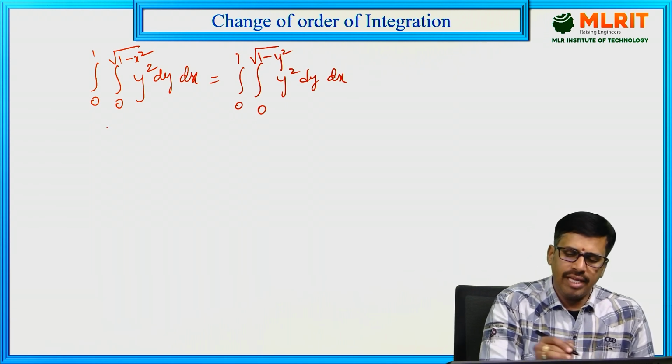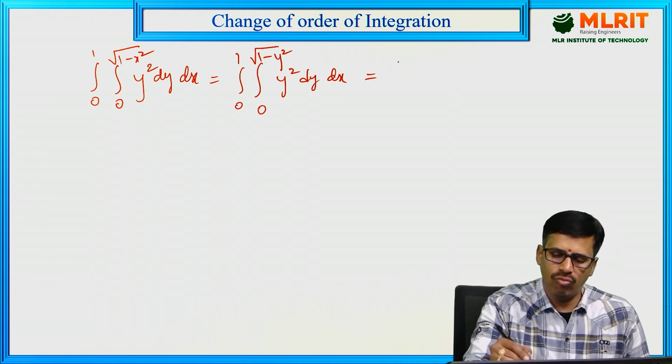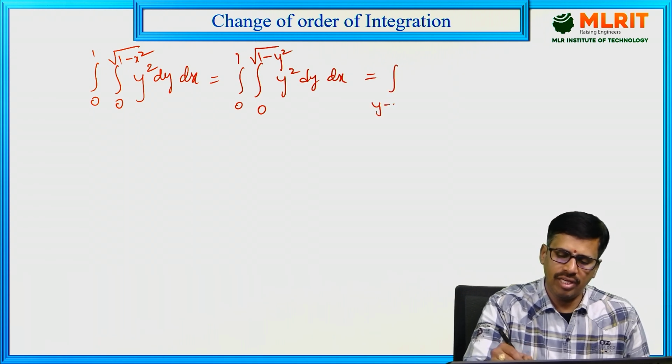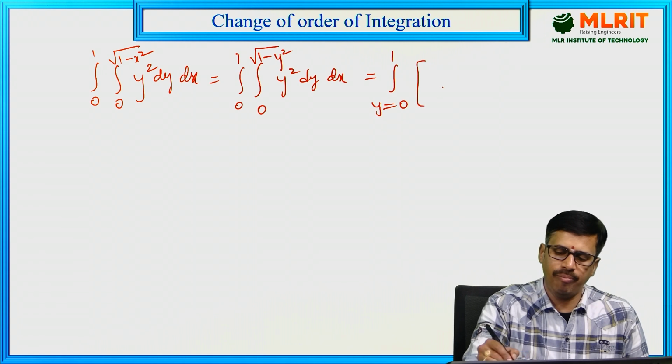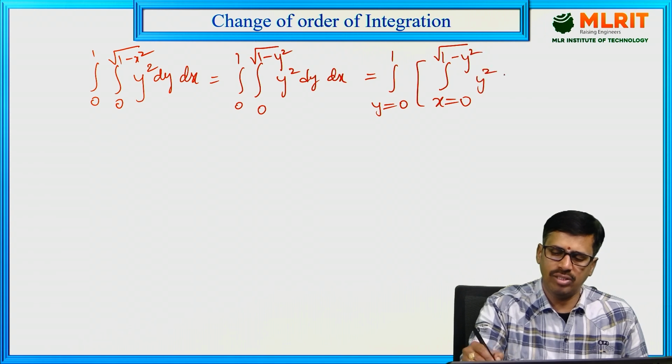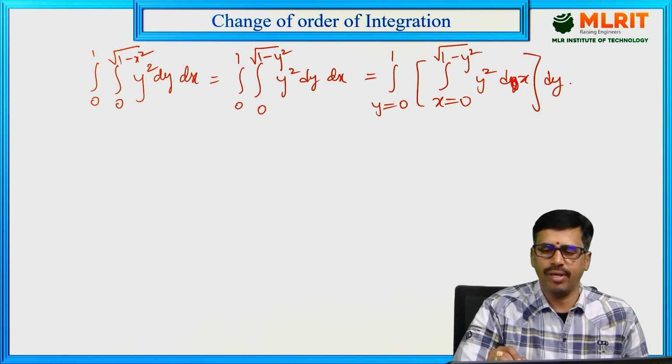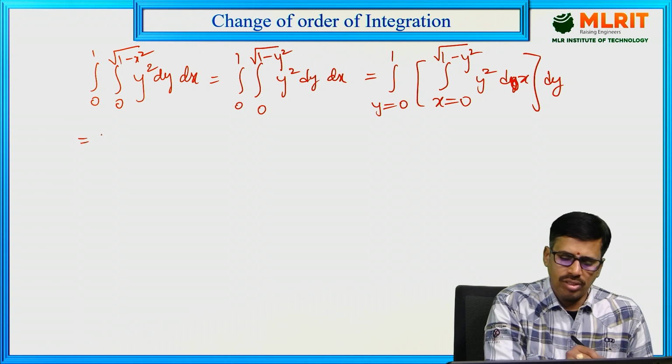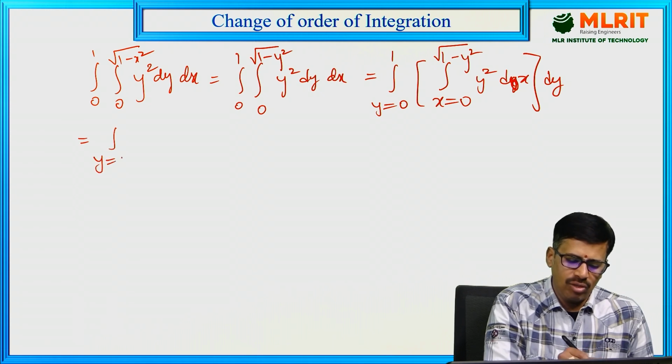So let us integrate this first with respect to x, then with respect to the constant limits y. So x is equal to 0 to under root of 1 minus y square dx, then dy. First let us integrate with respect to x. So this can be written as y is equal to 0 to 1.